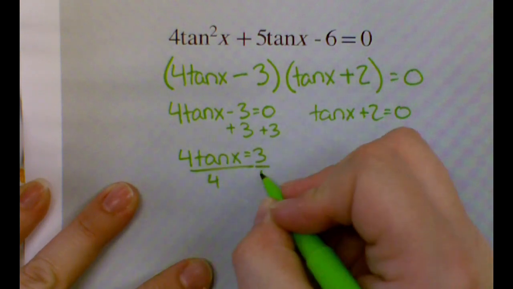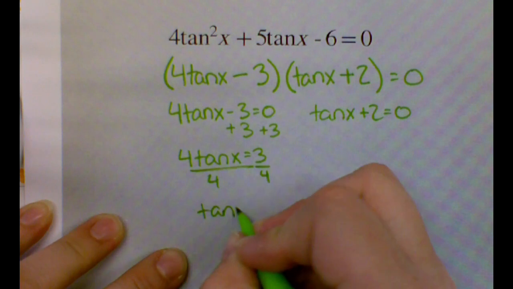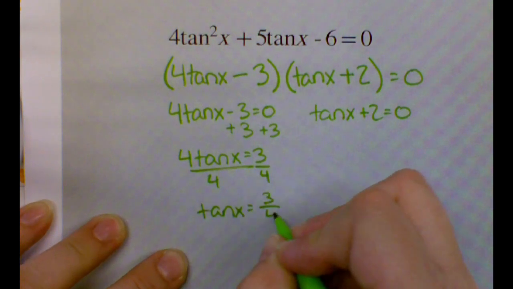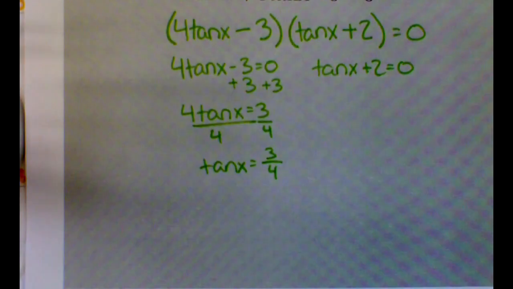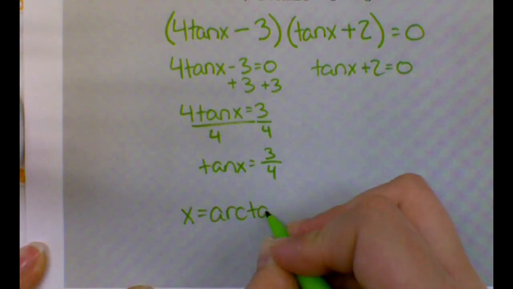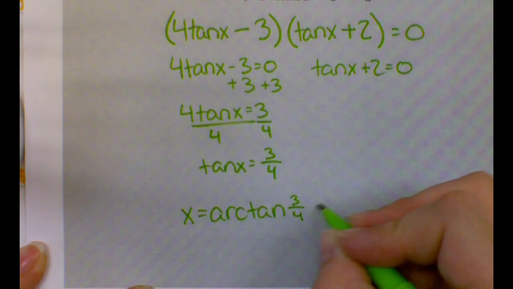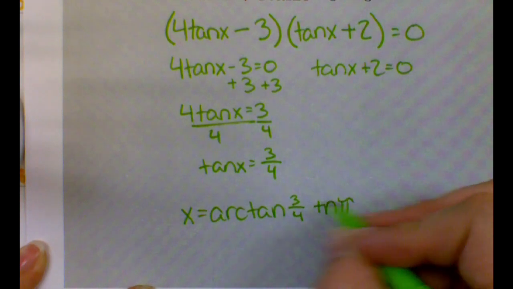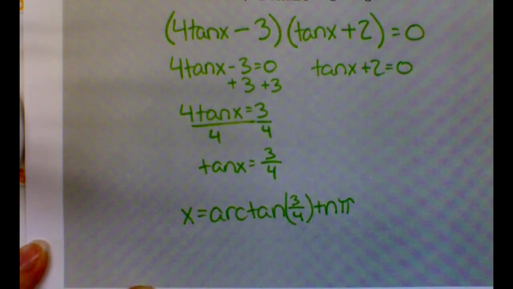I'll divide by 4. Tangent of x equals 3/4. Now, I don't know where the tangent of x equals 3/4, so I'm just going to have to go with arctangent of 3/4 plus n pi. That's what I have to do here.